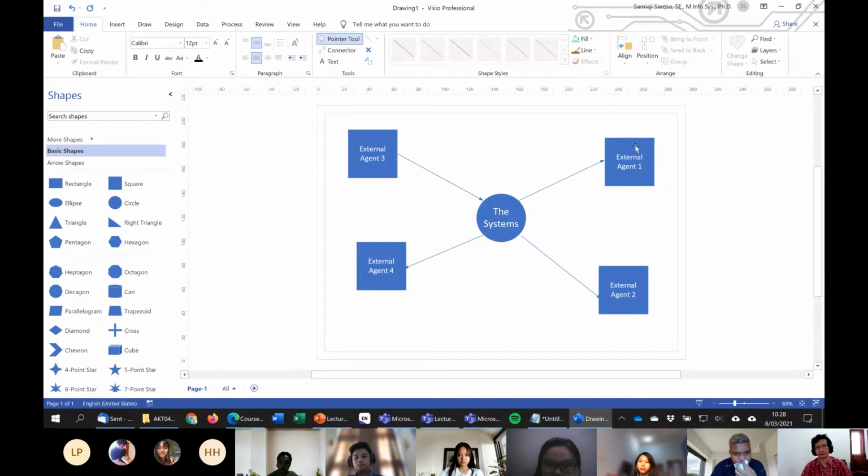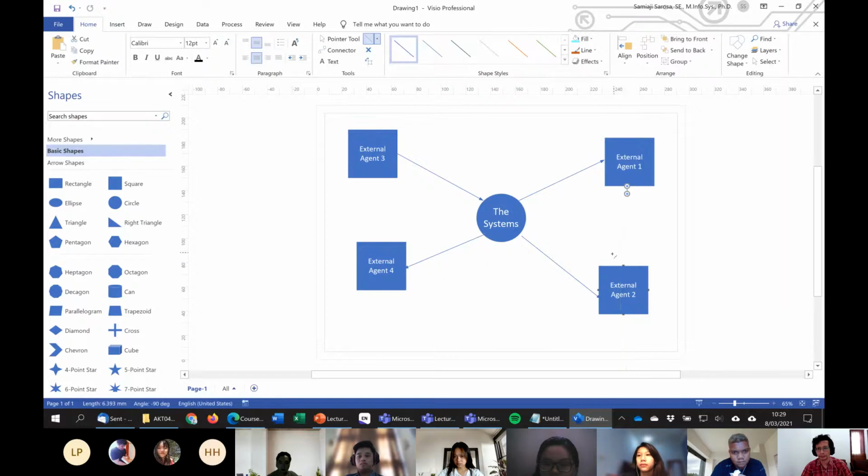Something has to get into the system, the input, and something has to get out of the system, the output. The external agent's function is only to send data into the system or receive data from the system. It is a big mistake if you draw a line like this.